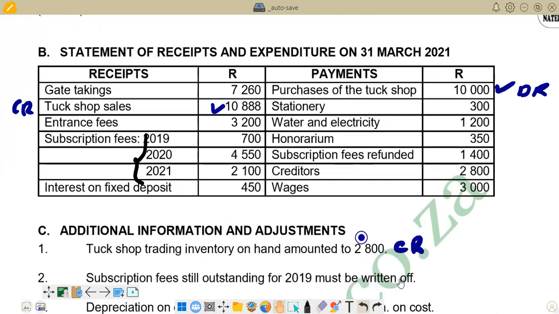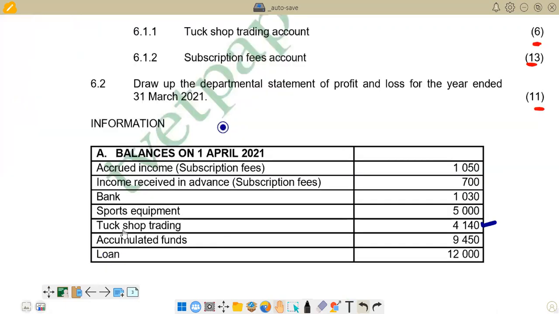We can go and check at the beginning of the question. This accrued income, 1,050, represents the amount that was owing at the beginning of the period.